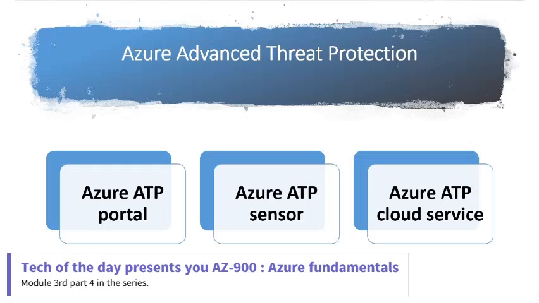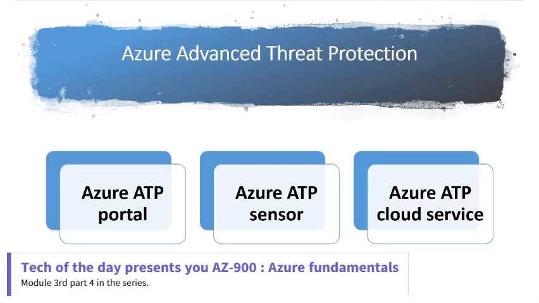And it is capable of detecting known malicious attacks and techniques, security issues, and risks against your network. It consists of many components, which are the Azure ATP portal, Azure ATP sensor, and Azure ATP cloud service.